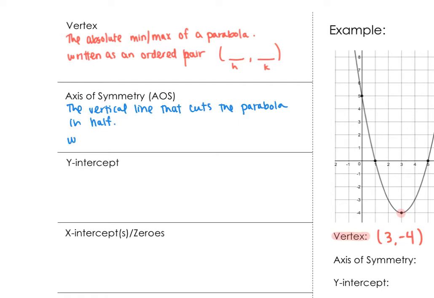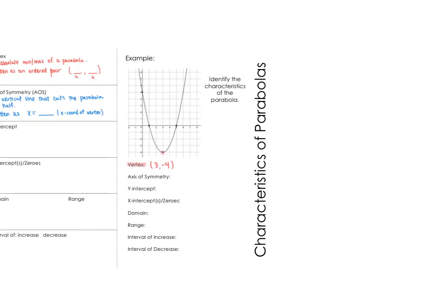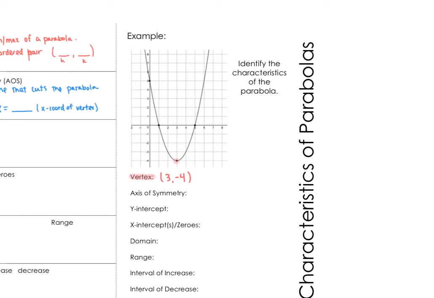And for the axis of symmetry, since it's a line, particularly a vertical line, it's always written as x equals something. And this is always whatever the x coordinate of the vertex is, because the axis of symmetry always goes through the vertex. So in looking here, here's our vertex. So the axis of symmetry is the vertical line that goes through that point.